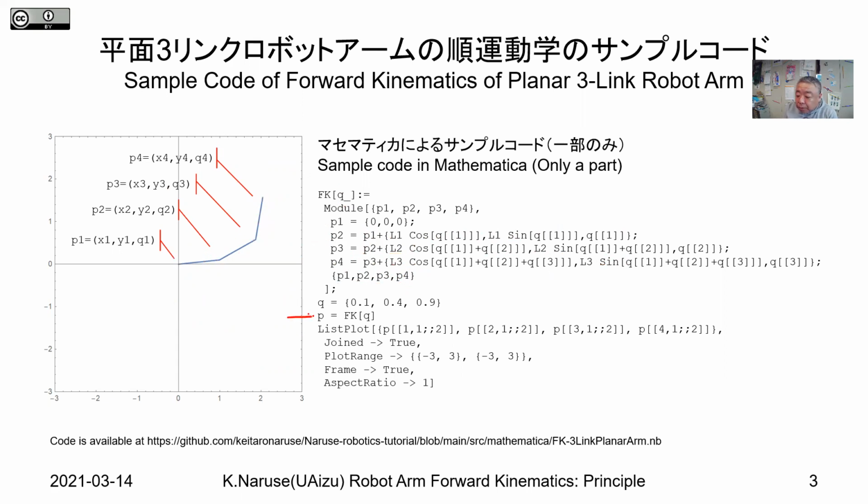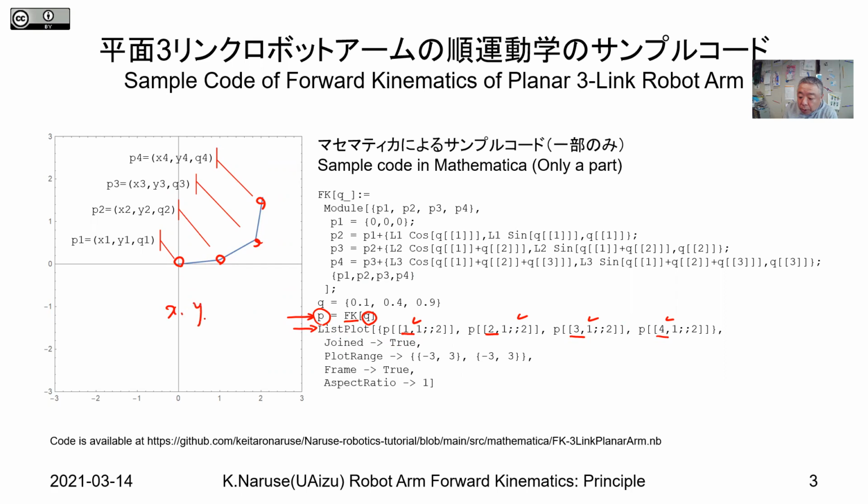And when we run this function, fk, with input q, we can get the result, this pose in P. And this plot function is plotting the 4 points, P1, P2, P3, P4. All right, so this is the first component, second component, third component, and the fourth component.